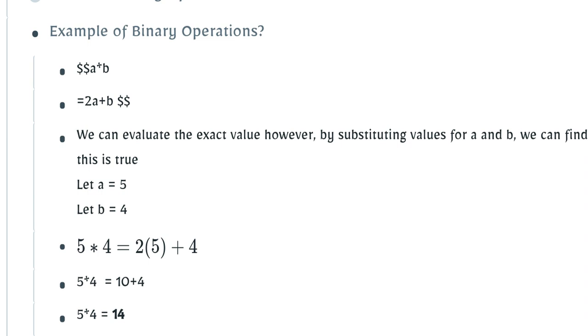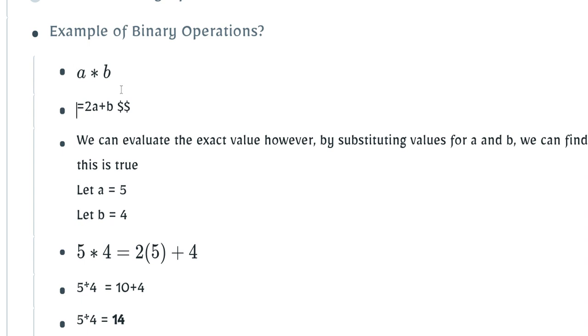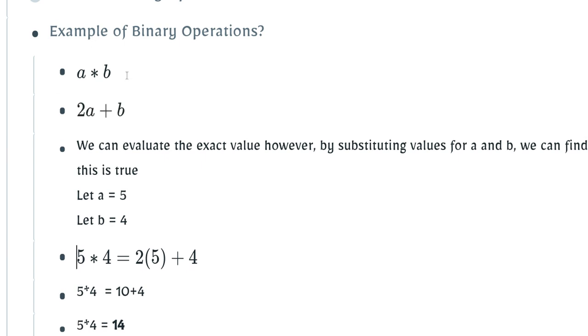Here we go. All right. So let's just quickly revise binary operations just so you understand. Look at this for me. When you see A asterisk B, we don't know what it's equal to.